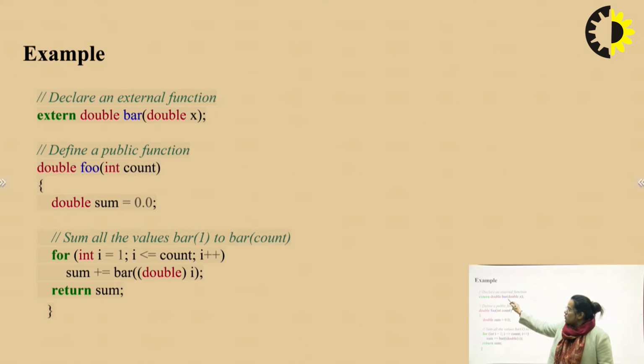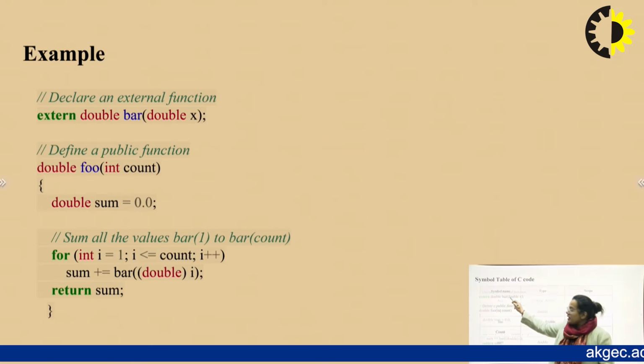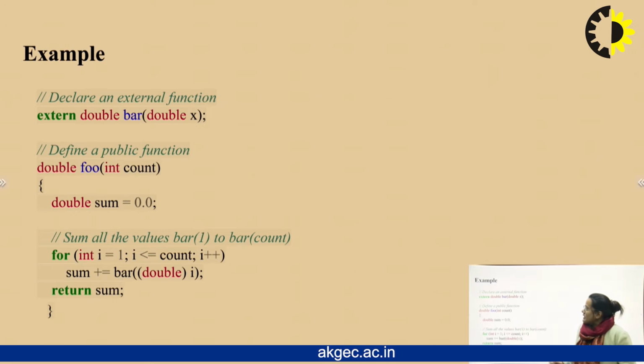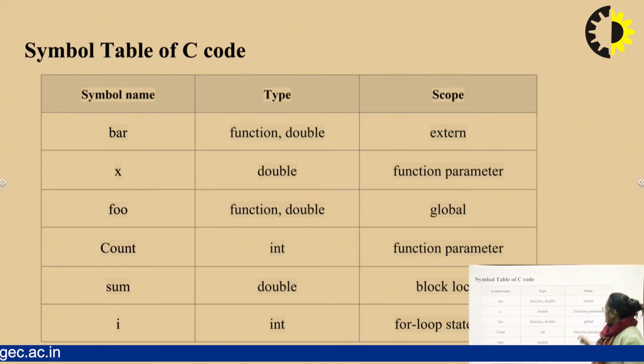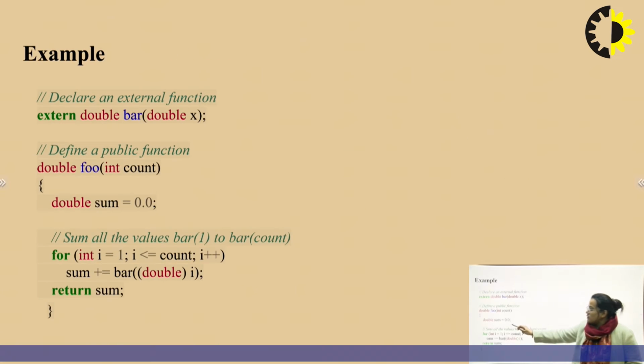So we store bar, and its type is function with return type double and its scope is extern. Okay, next is x. x is a variable, its type is double, and it is a function parameter. Next is foo.